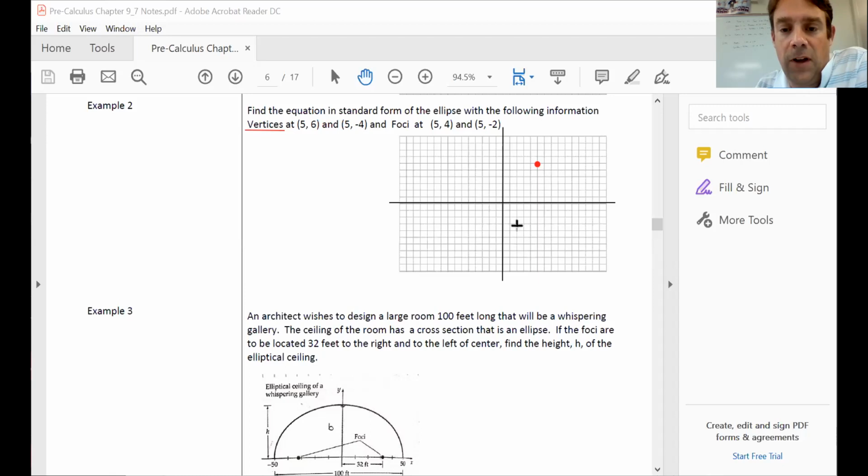All righty, and 5, negative 4. I'm going to go down 4. Okay. So those are my vertices.